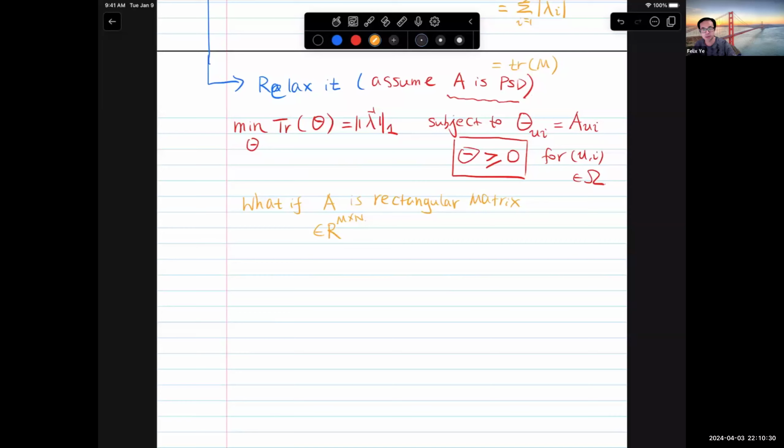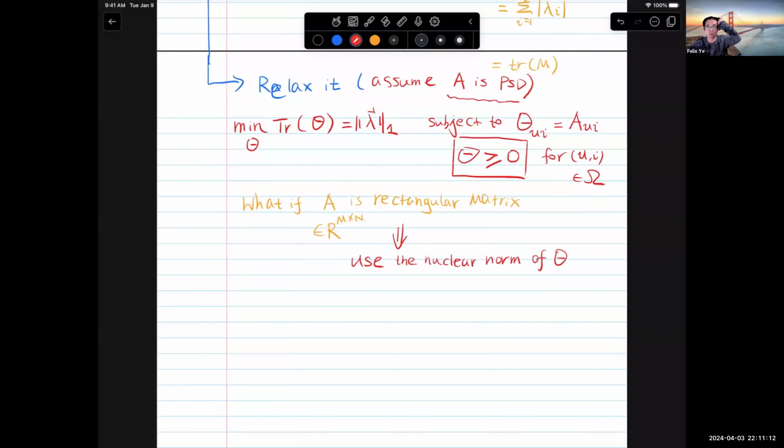All right, so we can do similar things, but instead of using the one norm or the trace, because you cannot define the trace for rectangular matrices, the key here is to use something called the nuclear norm of theta.